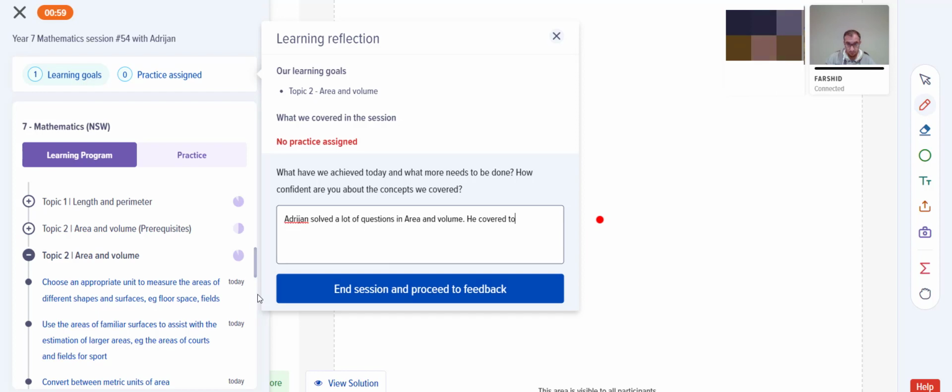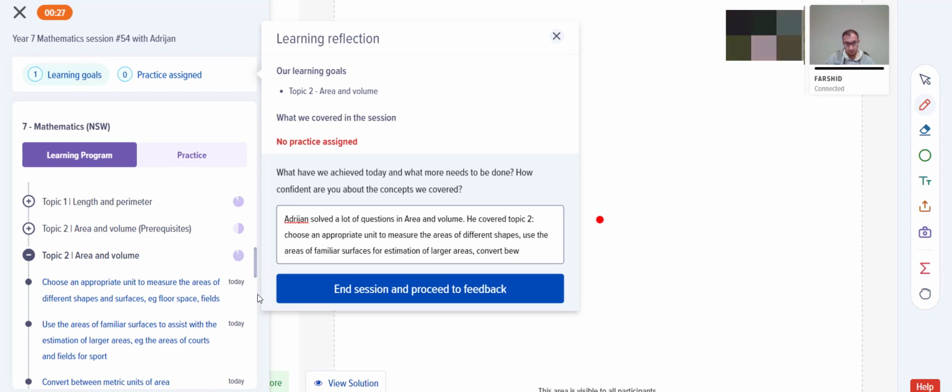Topic number 2. Need to measure the areas of different shapes. Use the areas of linear surfaces for estimation of larger areas.